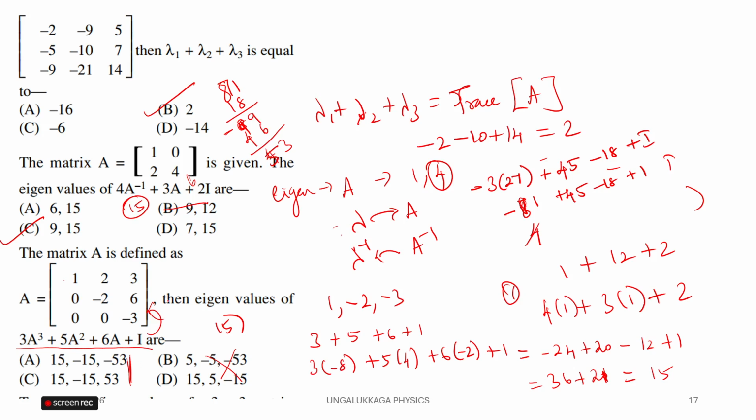So we have minus 53 here. Option A is the correct option.